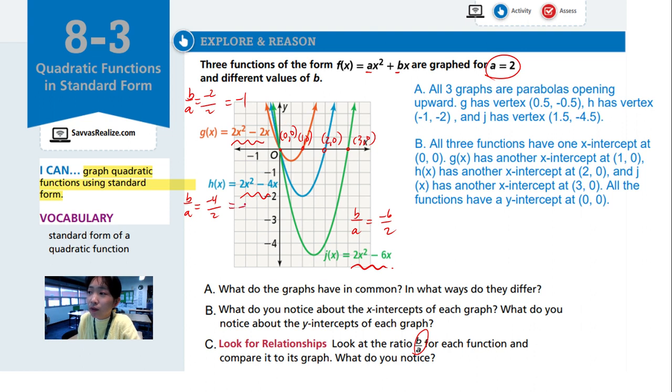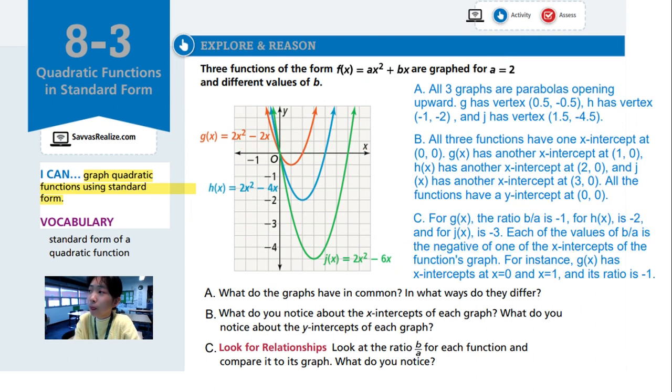H will have -2. J will have -3. So for g of x, the ratio of b over a is -1. For h of x, it's -2. For j of x, it's -3.